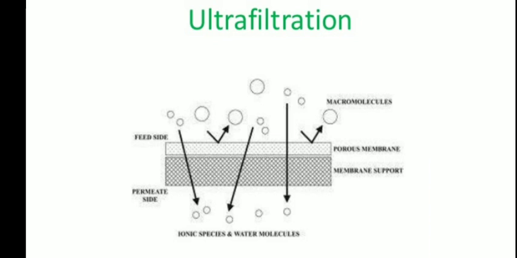On the feed side, the macromolecules, which are larger molecules, remain on the filter or on the porous membrane, and the other particles are passed through it, through the membrane support. On the down side, you can see the ionic species and the water molecules, meaning the liquid content is passed through the porous membrane, and the macromolecules or the larger molecules are retained on the surface of the membrane.